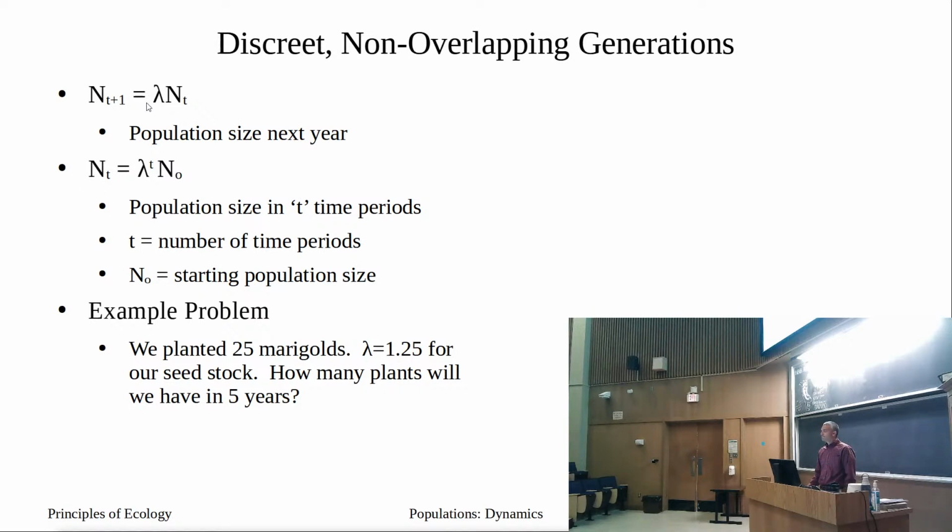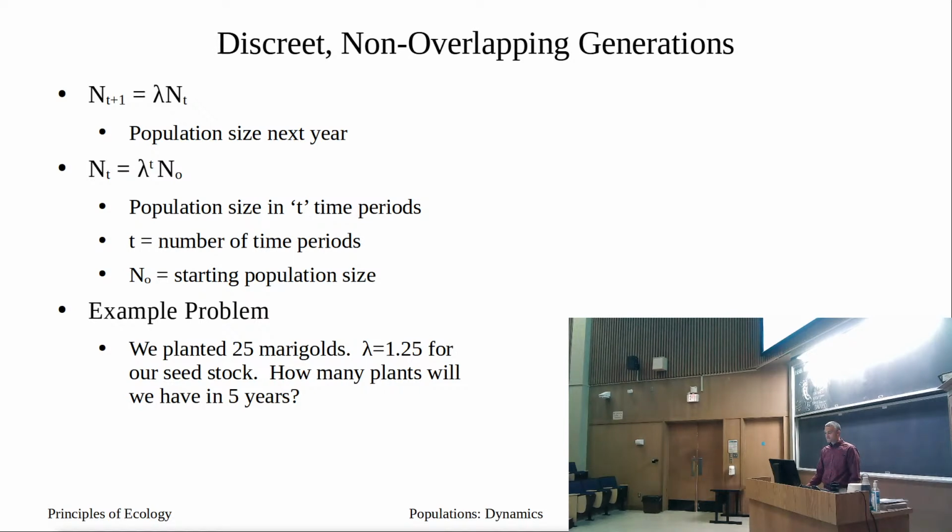What's the lambda? What was the term for that? Okay, multiplicative growth rate, right? Or what was the other term for it?